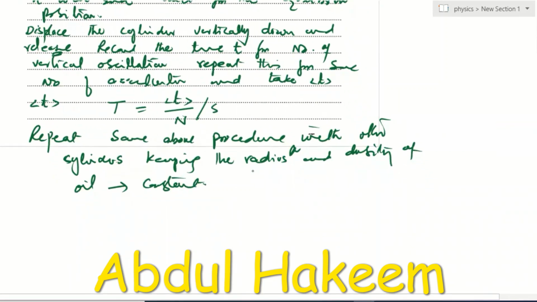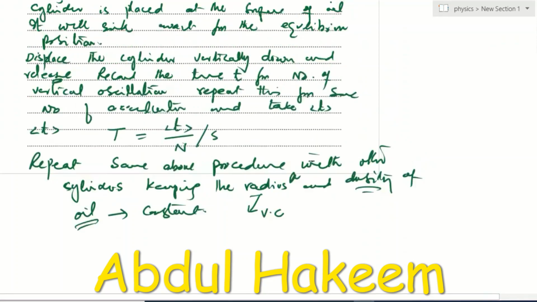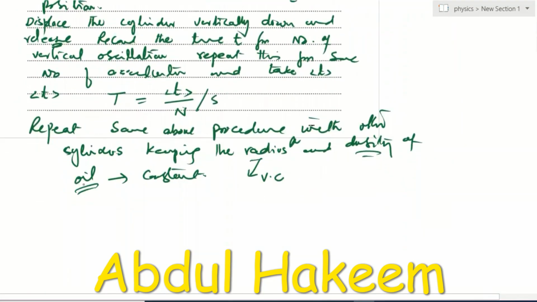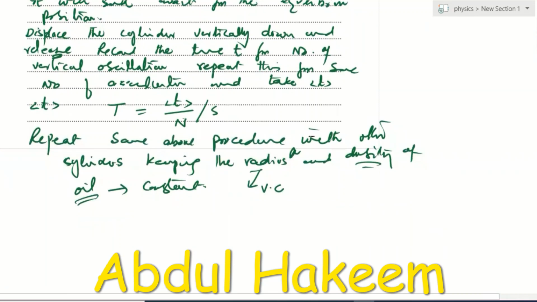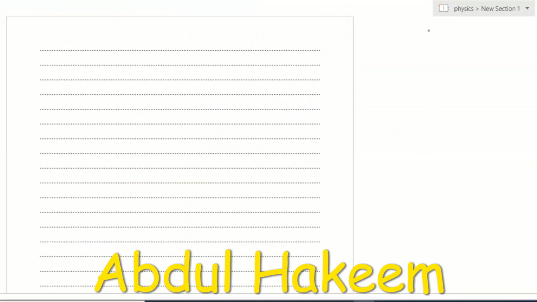The radius is kept constant by measuring it with the vernier caliper, and the density can be kept constant by monitoring the temperature and keeping the temperature the same. So this is the procedure. Now the next heading is the tabulation.